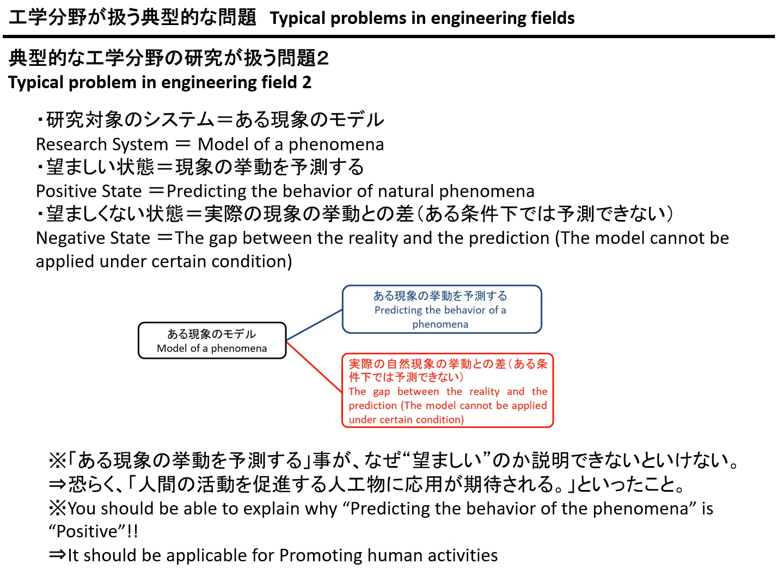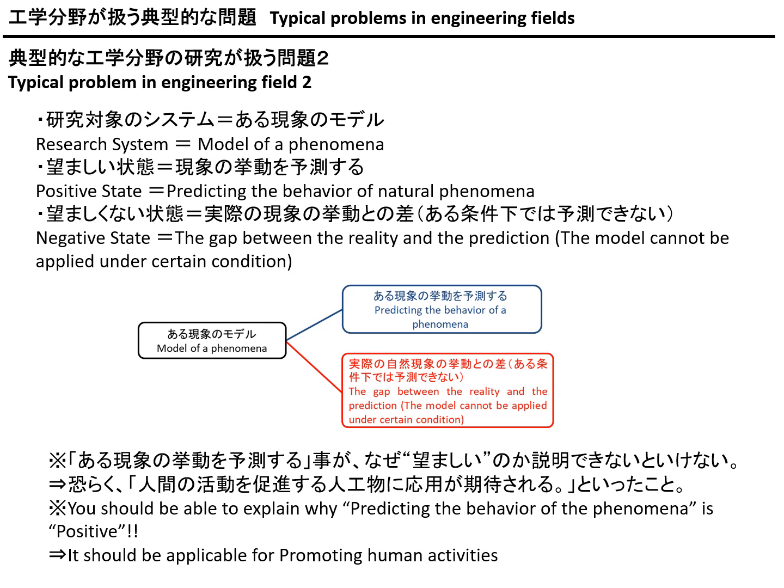But model of a phenomena should also have a negative state. It's quite easy to determine what the negative state of model of phenomena is. It must be the gap between the reality and the prediction. The reason why human beings think about model of phenomena is, as I mentioned, because we want to predict the future.